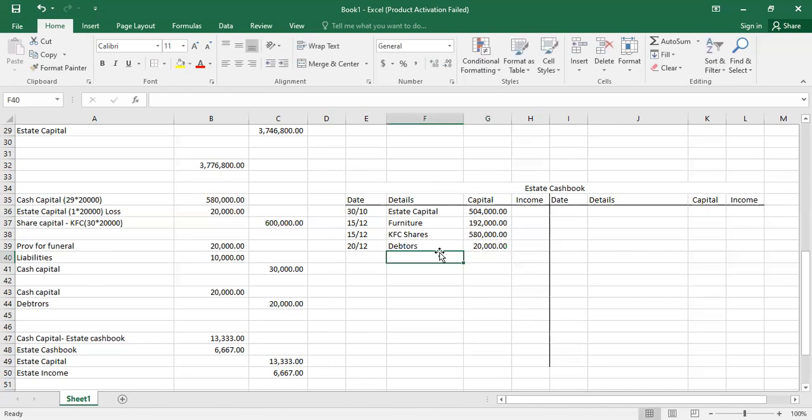It is still capitalized. So we are talking of the 40,000, we minus the 20,000. That's how we are getting the, let's indicate here, 40 minus the 20. You go on.